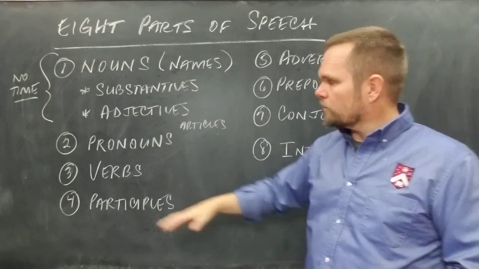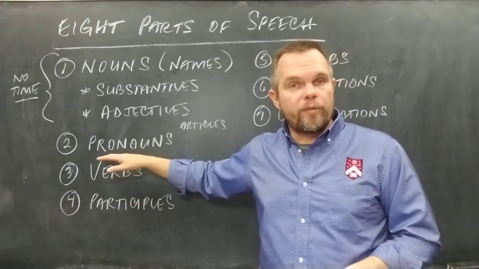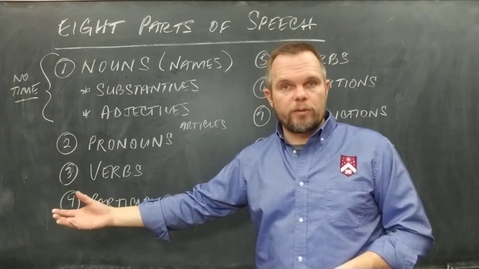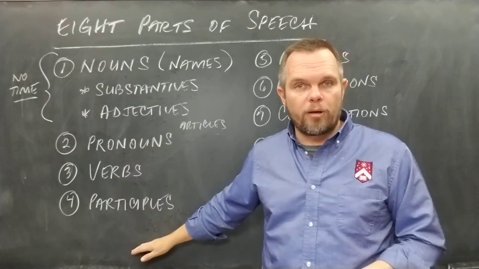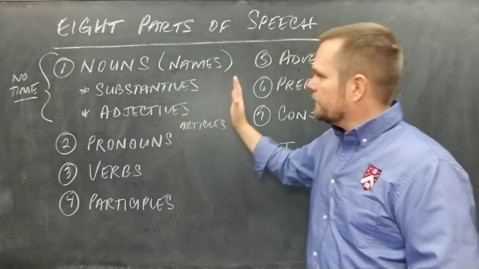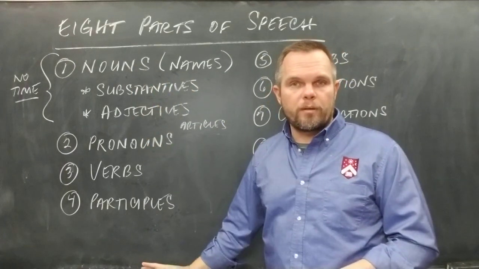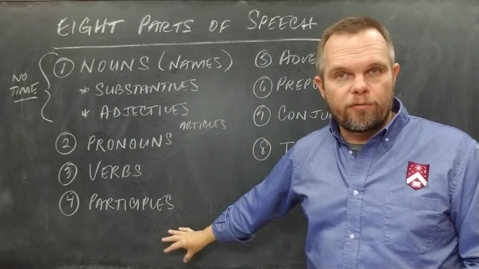So we don't have just one form of a verb or one form of a pronoun. We find that the pronoun has a number of different forms that we use in speech. This is true of nouns, pronouns, verbs, and participles. They have a number of different forms. And so we need to keep these four together as one group of the parts of speech. The parts of speech that have different forms.